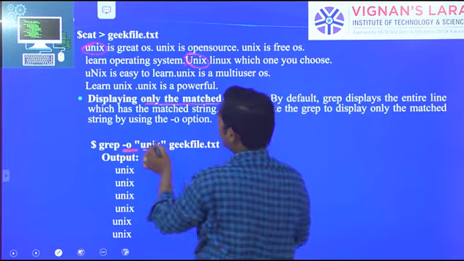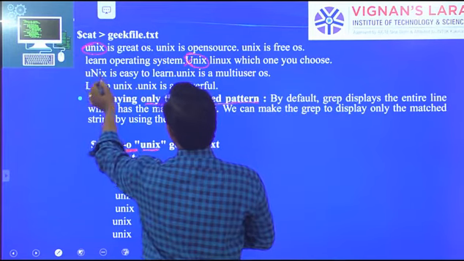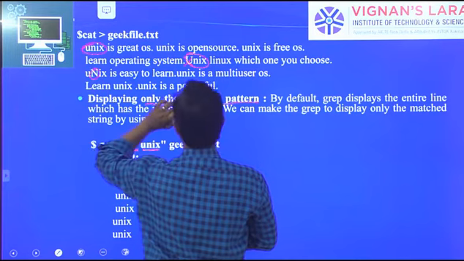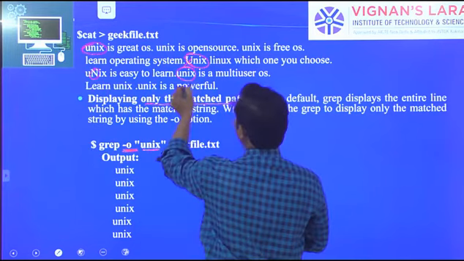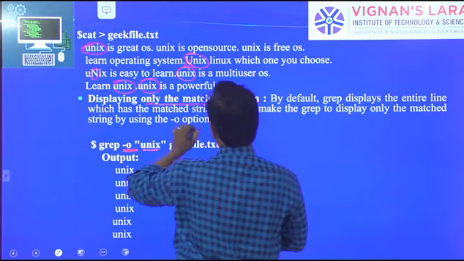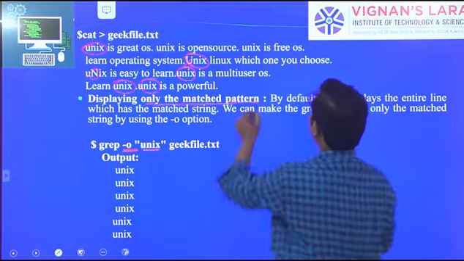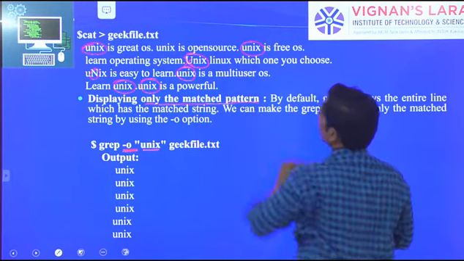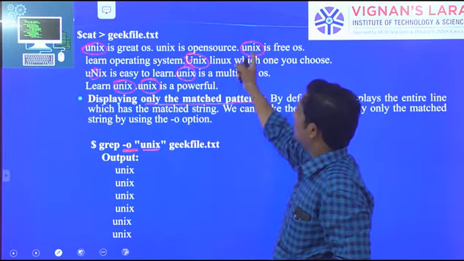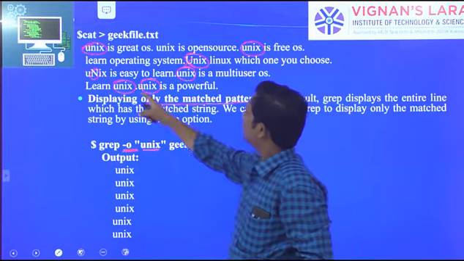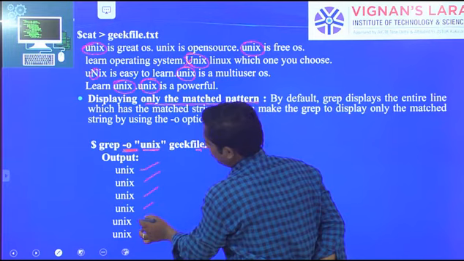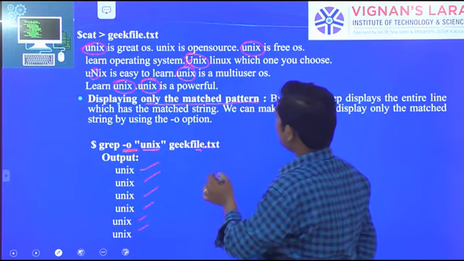Here capital N is there. Here this is there, Unix. How many times is it repeated? Counting: 1, 2, 3, 4, 5, 6.